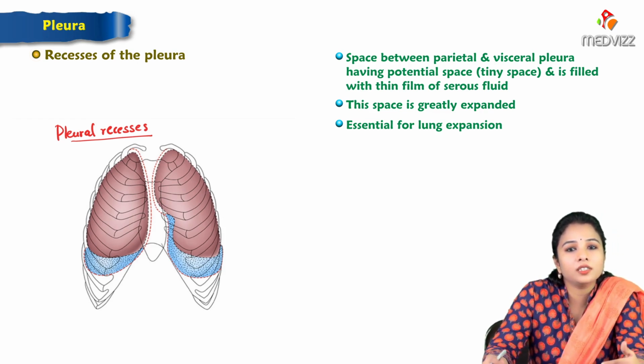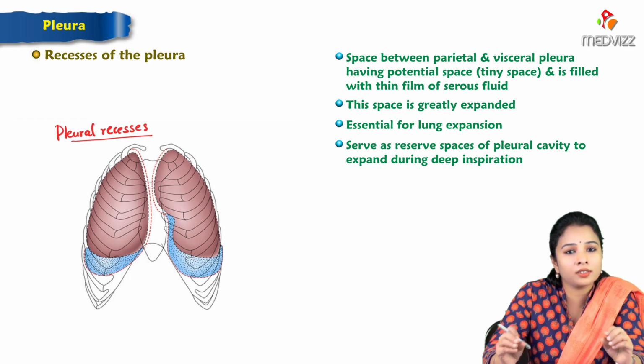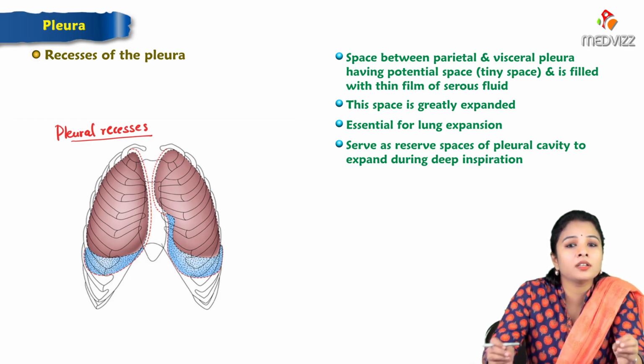These pleural recesses serve as a reserve space of the pleural cavity for the lungs to expand. Normally they are potential spaces. They allow the lungs to expand during deep inspiration.